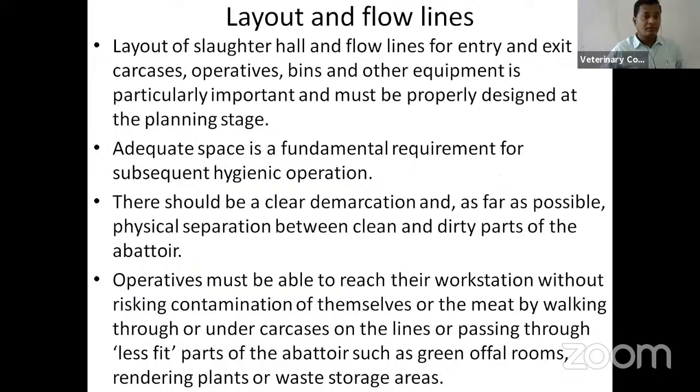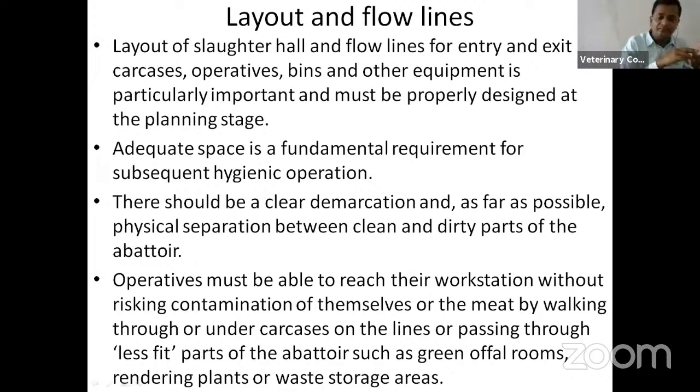The last and important component is layout and flow lines in the slaughterhouse. Take, for example, poultry slaughter. There is a bird receiving area, a stunning and sticking area, a bleeding area, then a scalding area. After scalding, it goes to skinning if it is a skinning process, or defeathering.